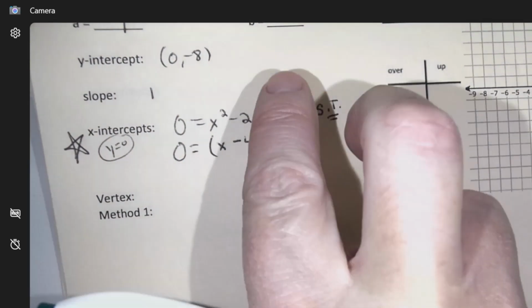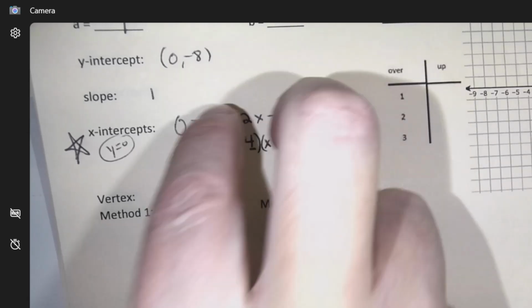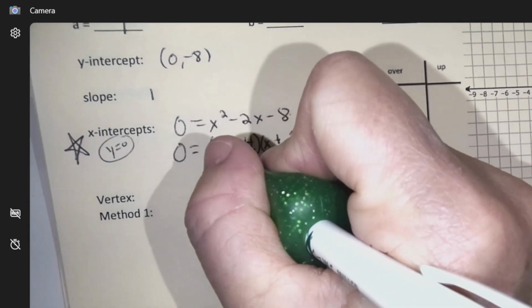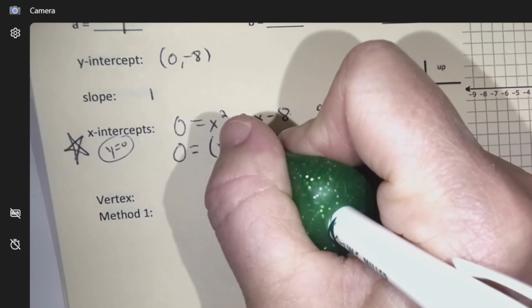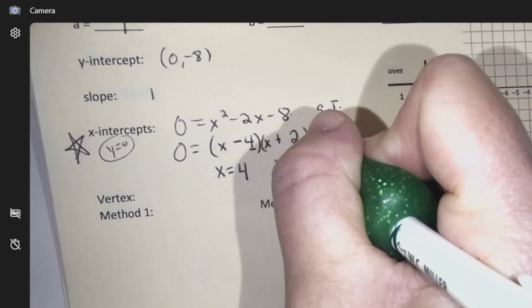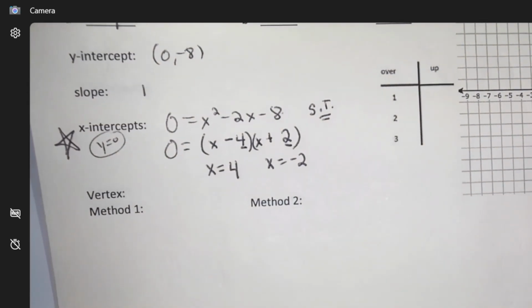So that multiplies, check, adds, check, right? So what x value makes 0? 4 and -2.